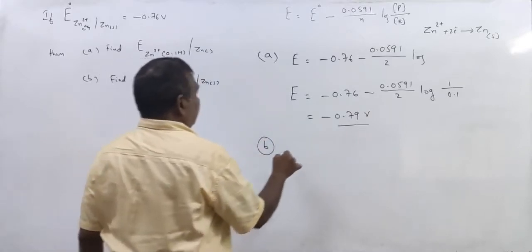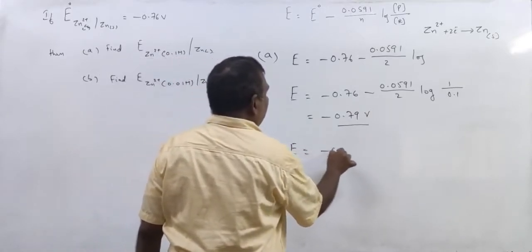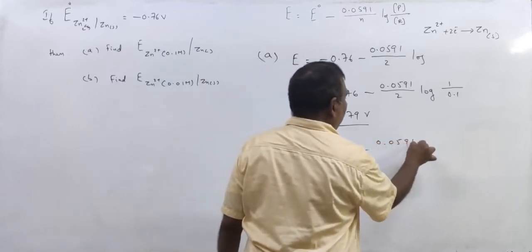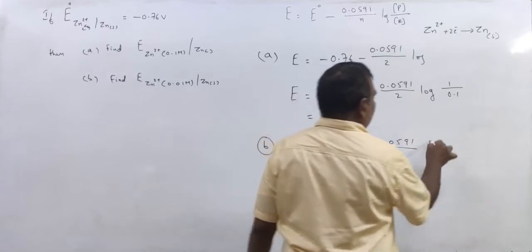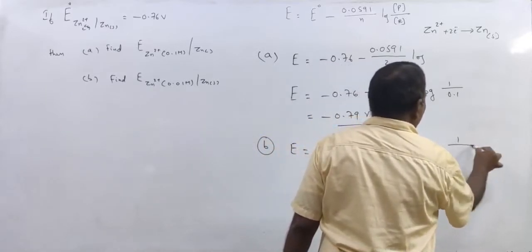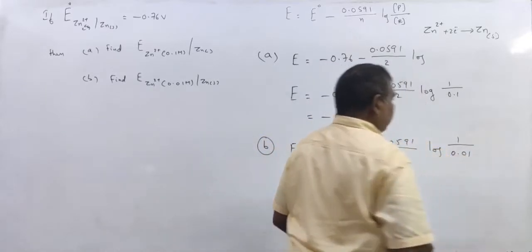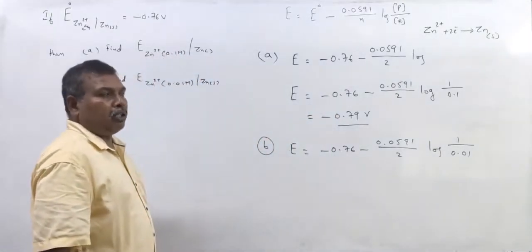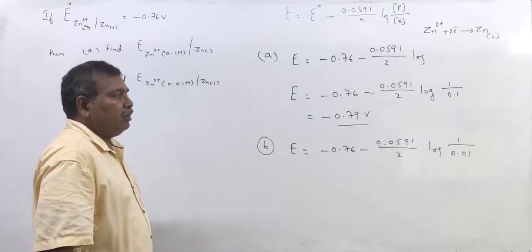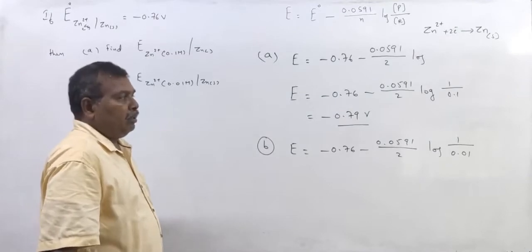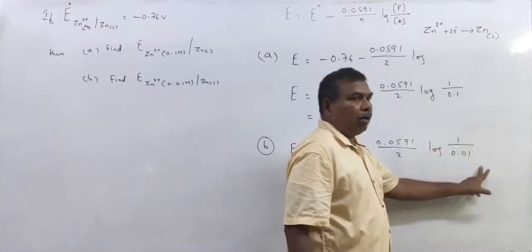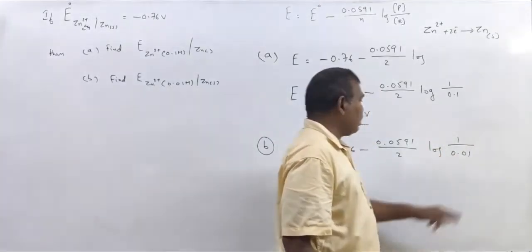B. E is equal to minus 0.76 minus 0.0591 by 2 log 1 by 0.01. So 0.01 is 1 by 100, 10 power minus 2, thereby 10 power 2, 2 log 10, the 2 gets cancelled.